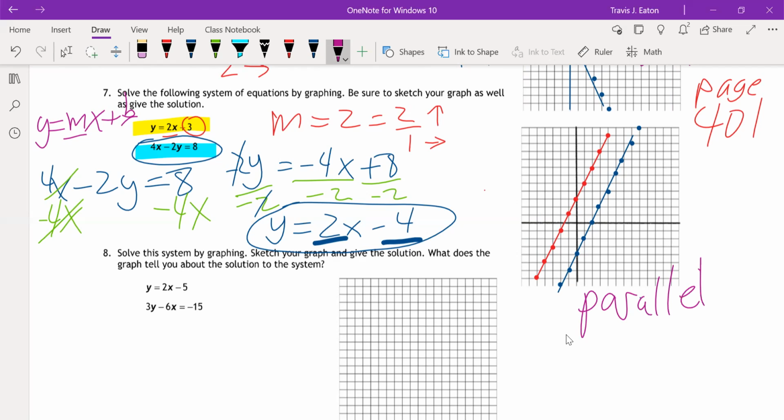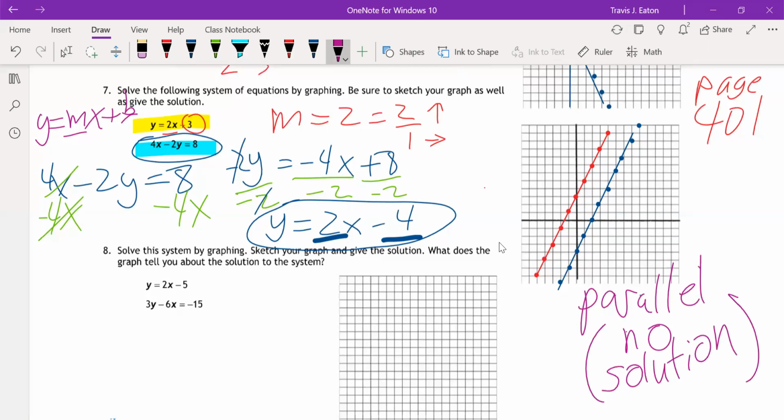And because they never intersect, there will be no solution to this system of equations. And that can happen. No solution. Parallel lines means no solution. So keep that in mind moving forward. All right.